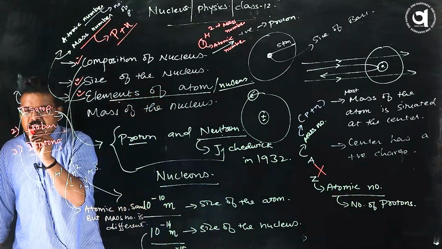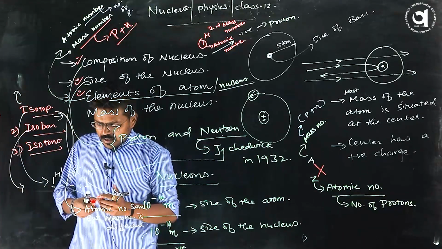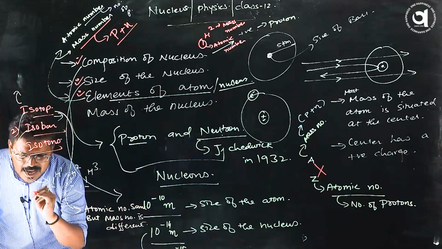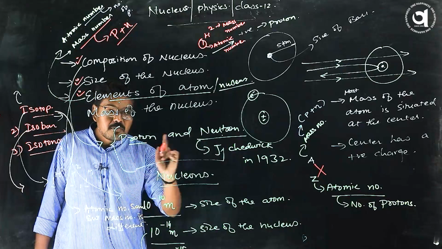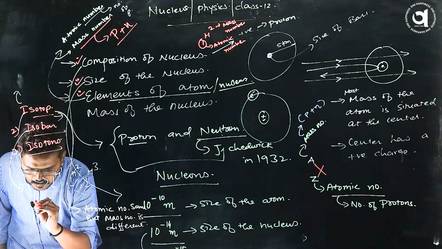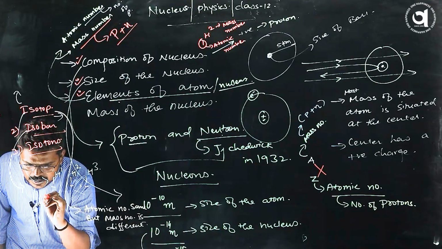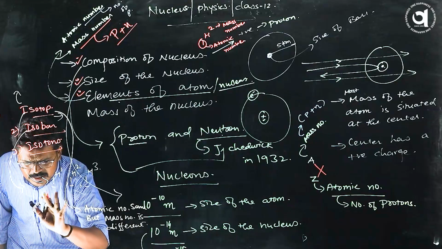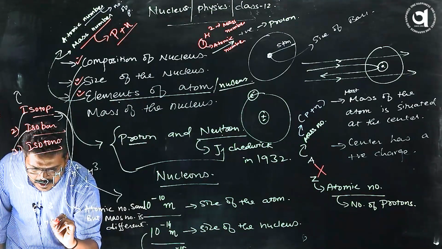What about isobar? In the isobar we can say that the mass number is same but the atomic number is different. Example, I'll write 6C14 and 7N14.